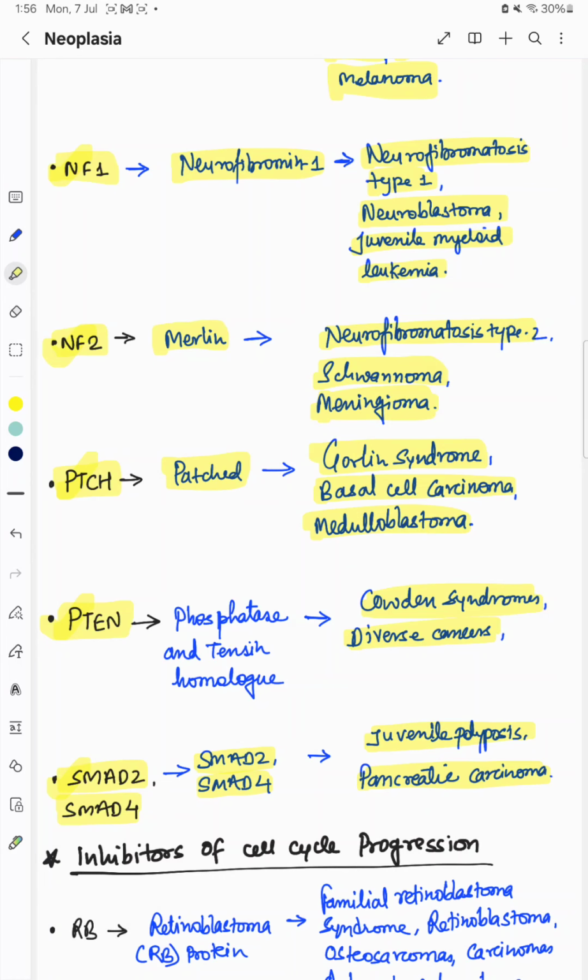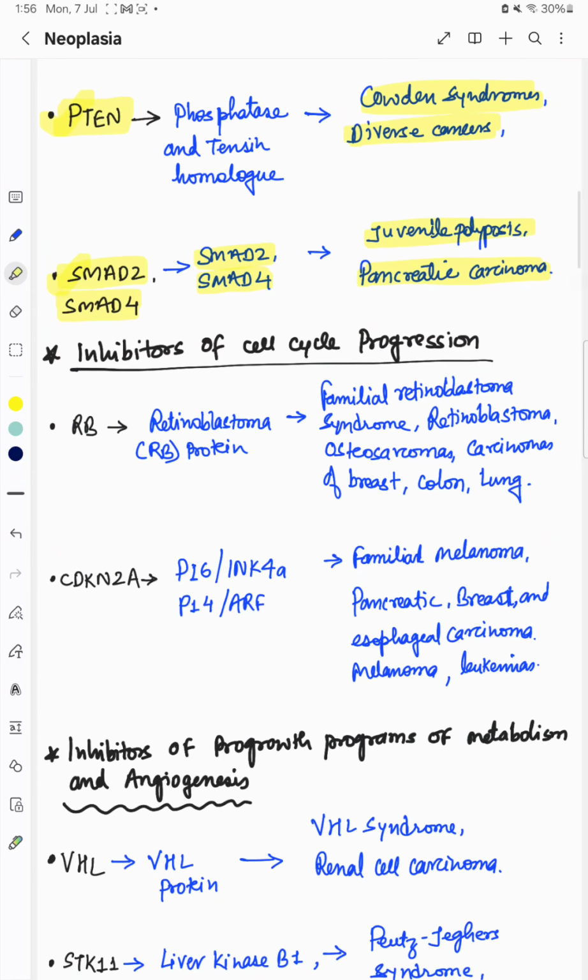The second category in tumor suppressor genes is inhibitors of cell cycle progression. This category includes the RB gene and CDKN2A. RB gene encodes the retinoblastoma protein. Mutation of the RB gene is seen in familial retinoblastoma syndrome, retinoblastoma, osteosarcoma, carcinoma of breast, colon and lung.